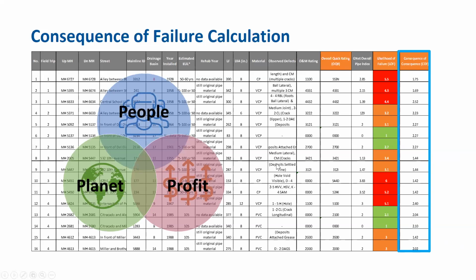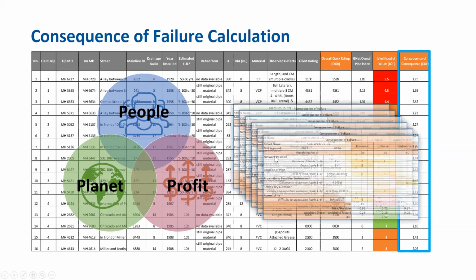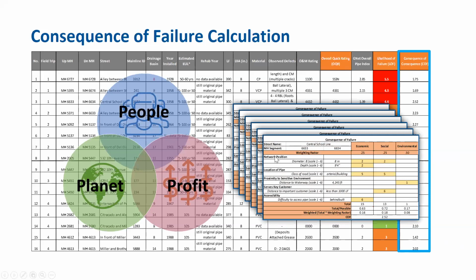Now, for our case, for the 16 selected pipe segments for the City of Escondido, we determined the COF for each individual pipe segment by considering the location, for example, and demographics, and a series of other weighting factors with different parameters contributing to those three economic, social, and environmental impacts.